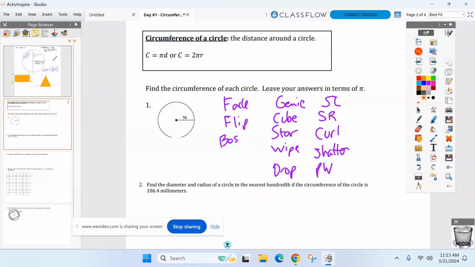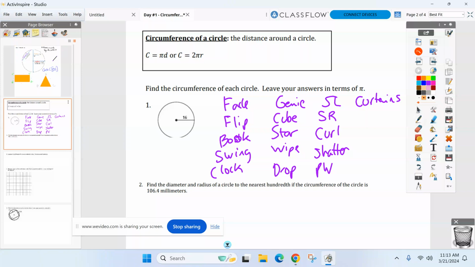Sway. Clock. You guys are pros at this now, huh? I know, there's 16 right there. I think this is all of them. All right, ready? Is there like 16 people in our class?